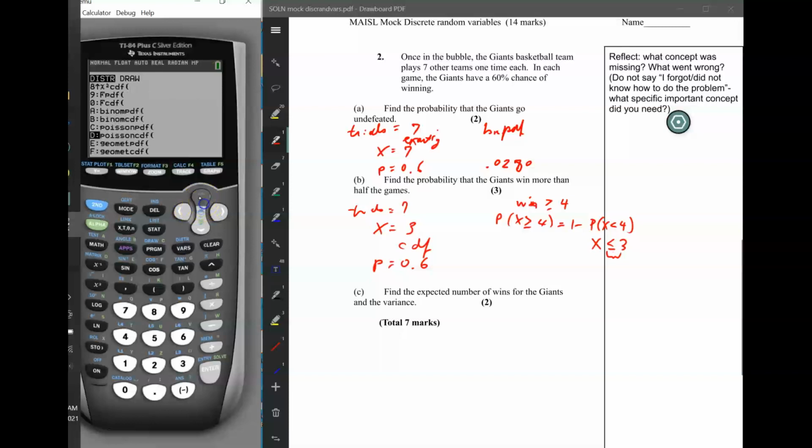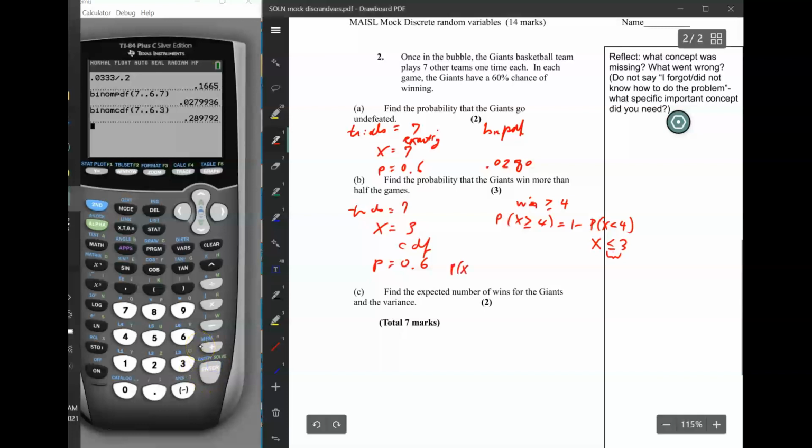We go to the second page, option B, and we put 7, and we put 0.6, and we put 3. The probability of the wins being less than or equal to 3 is 0.2897, and that rounds to 0.290.